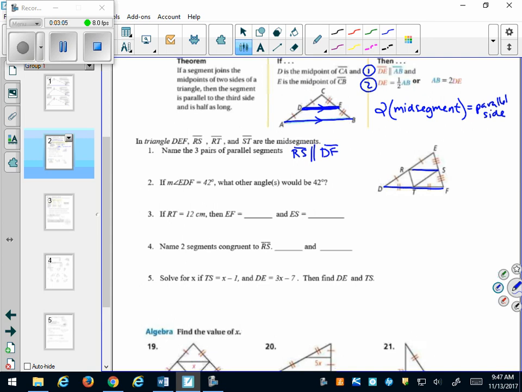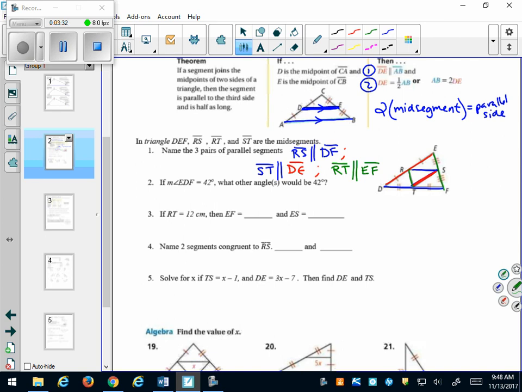And then we have midsegment ST parallel to the side it's not touching, which is DE. What would be the last one? RT is parallel to EF.